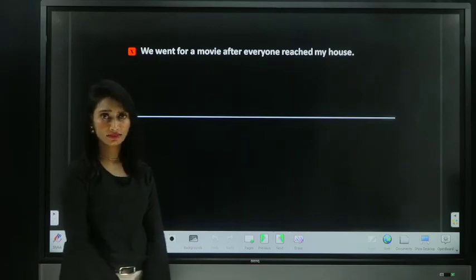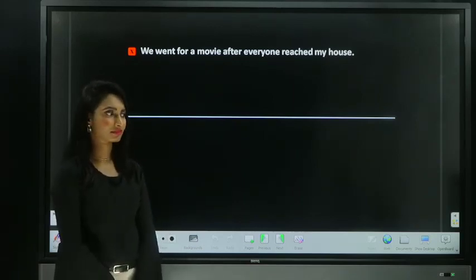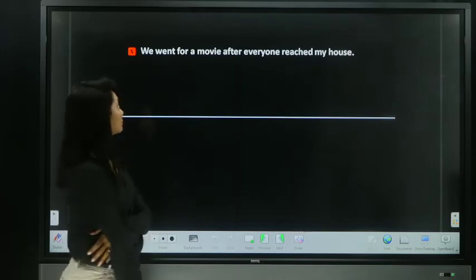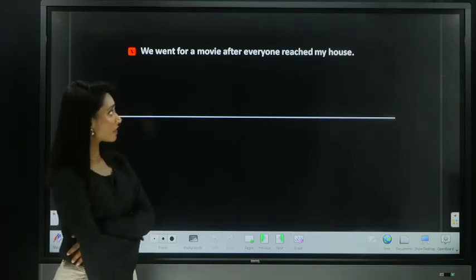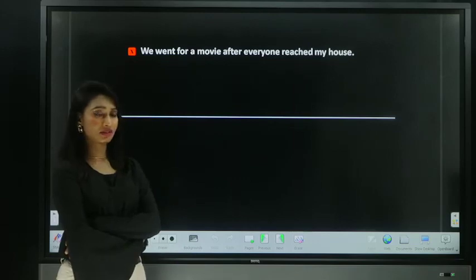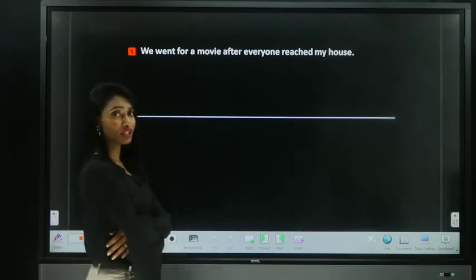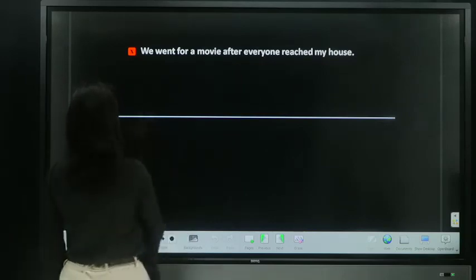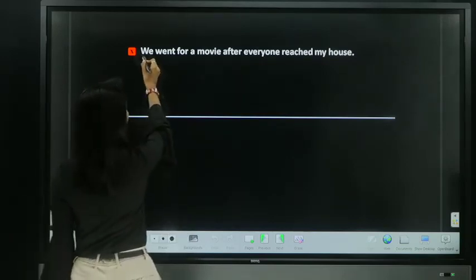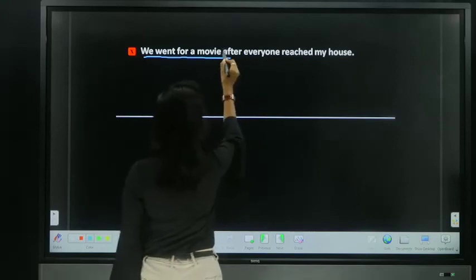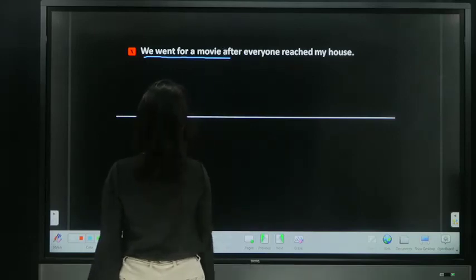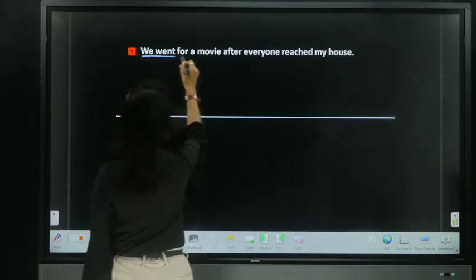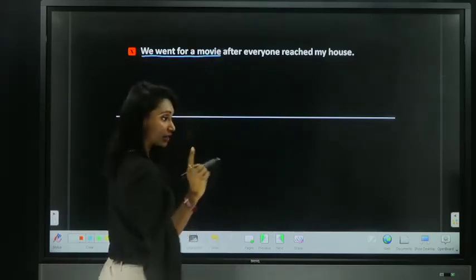So there are two actions, which is the first action, which is the second action. So what are the two actions in the sentence? We went for a movie is one action, right? We went for a movie is one clause.